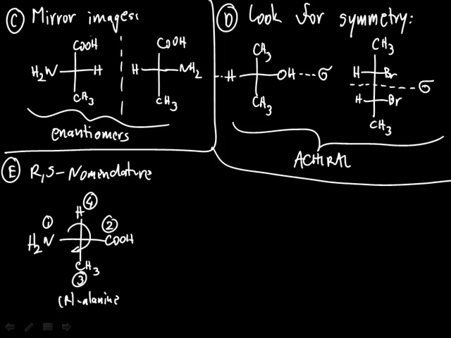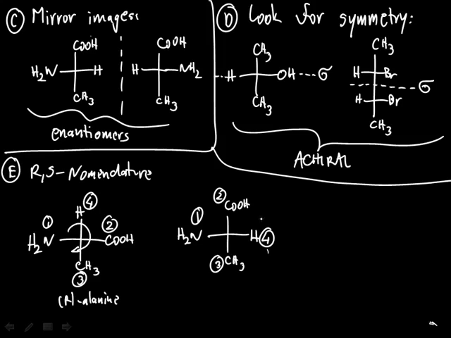But what if we had our structure drawn the way we drew it already? This way. And so now our priorities would still be the same. This would be 1, 2, 3, and 4. But our hydrogen now will be pointing upwards. In those cases, what you might want to consider is using a trick, right?